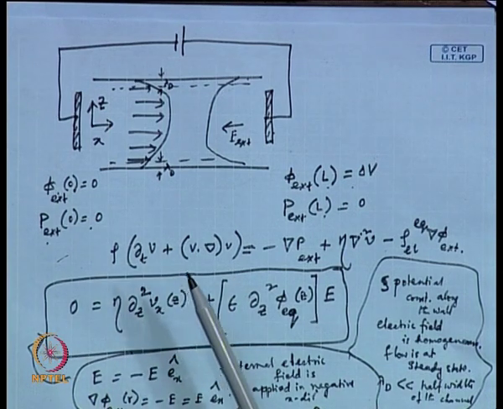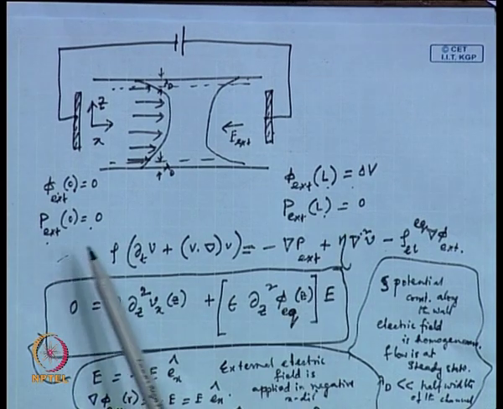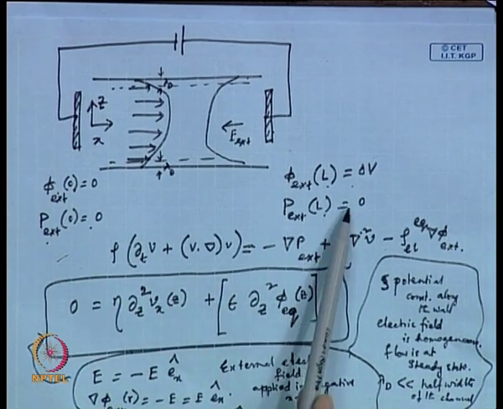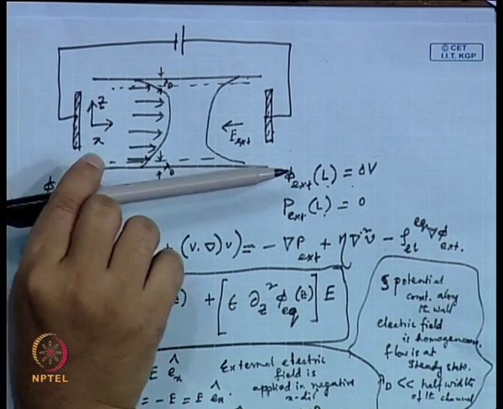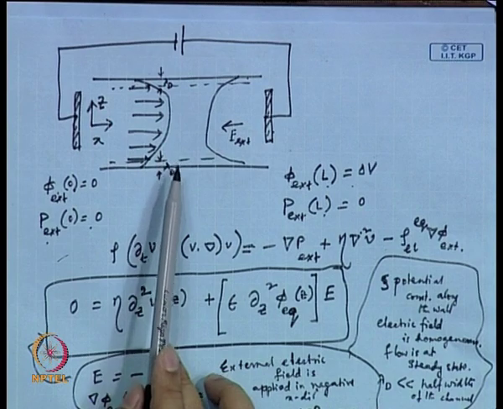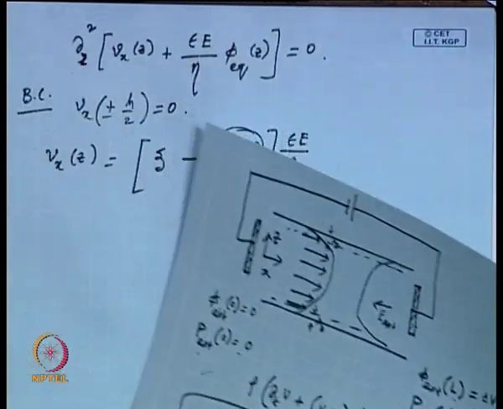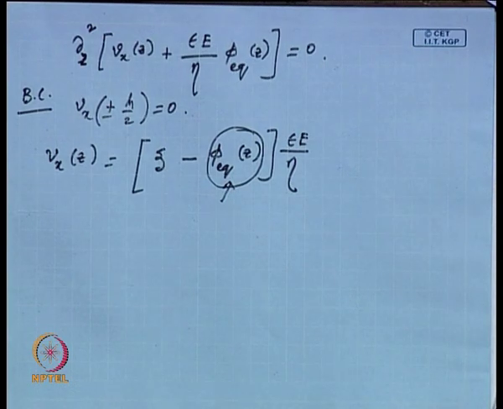Later, instead of putting 0, we will put some back pressure here, so that you are pumping against a back pressure, and then we would like to know what the velocity profile would be. So, first case no pressure, we are close to getting the velocity profile.